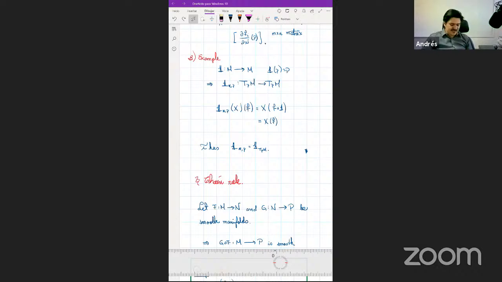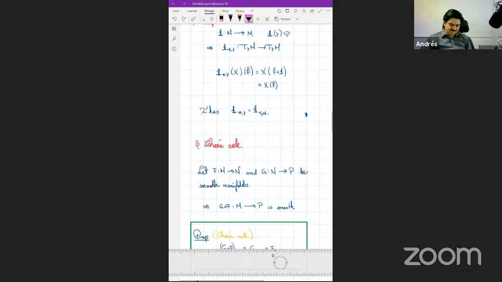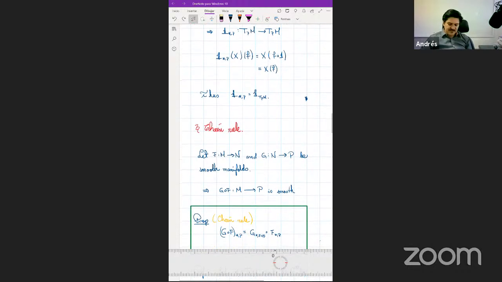And the whole idea is to look at the differential of this function in terms of the differential of this and of this. Okay? And whatever relation we get is what is called the chain rule. And the chain rule is exactly this.